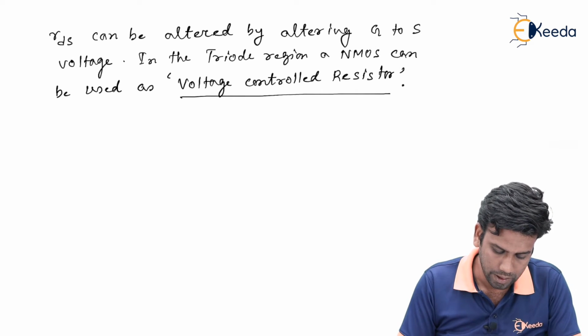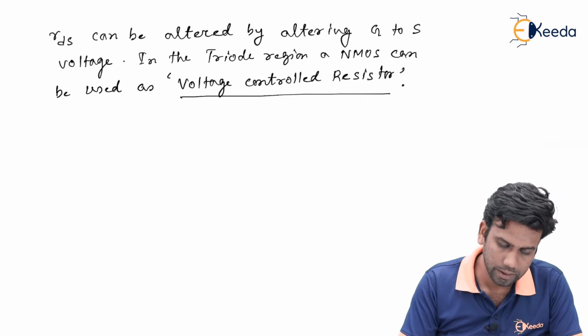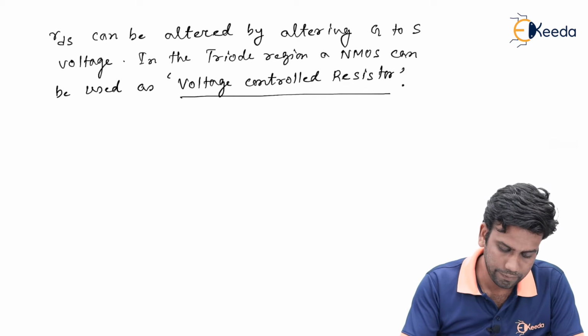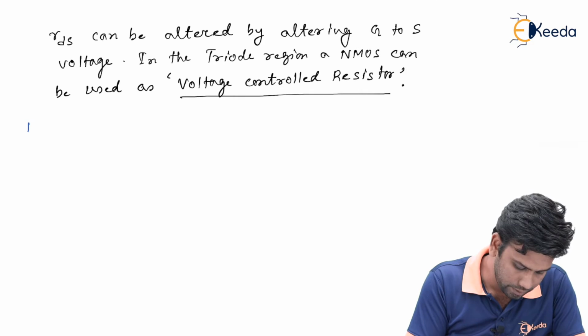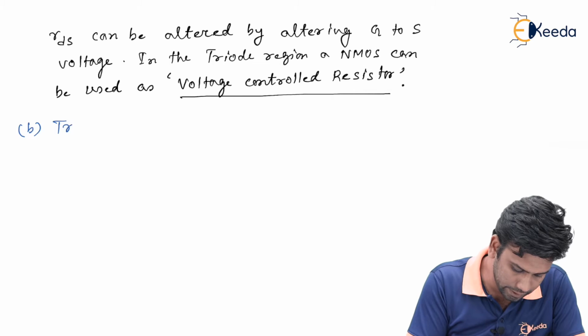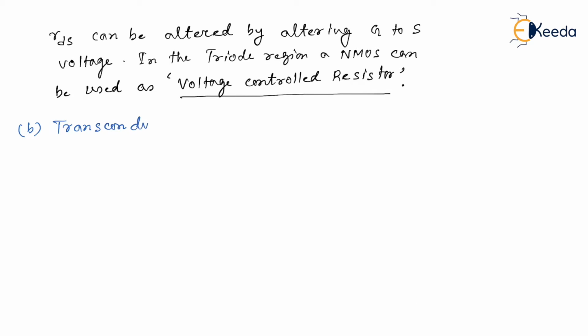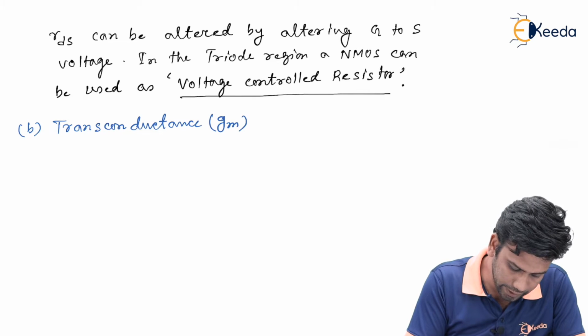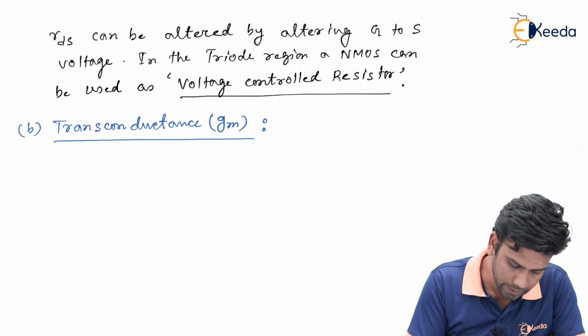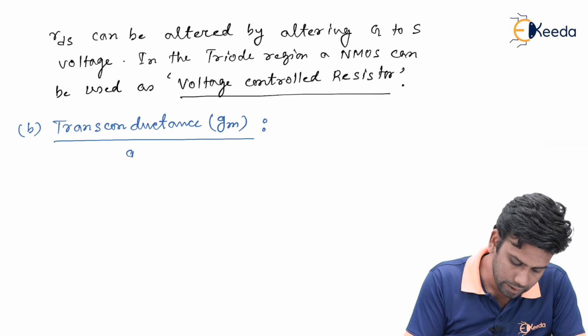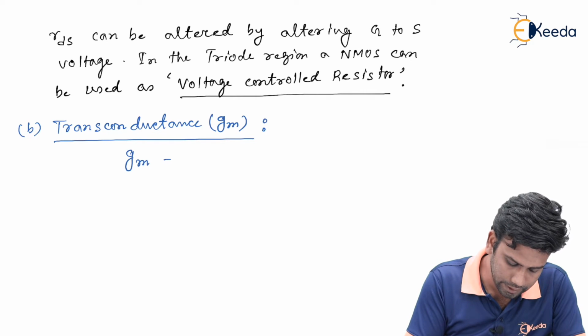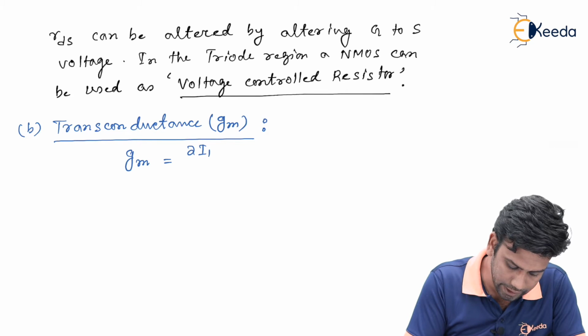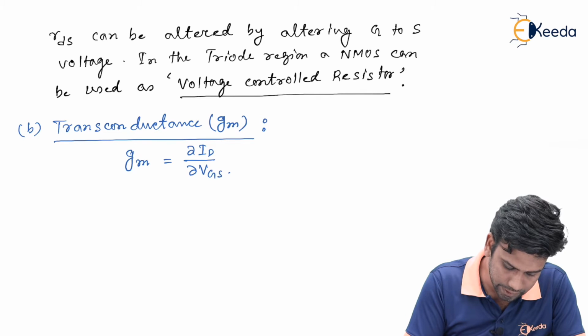The second parameter that can be found in the triode region is the transconductance denoted by Gm. By definition, the transconductance is defined by del ID by del VGS.